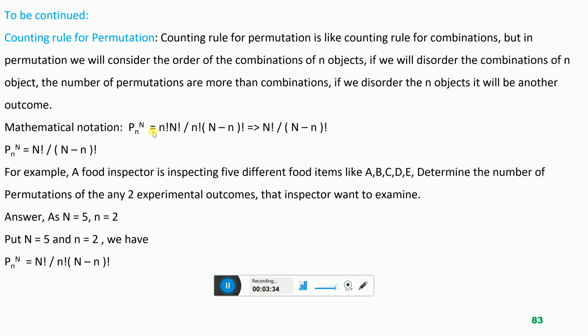Let me clarify this by writing the mathematical notation for permutation.